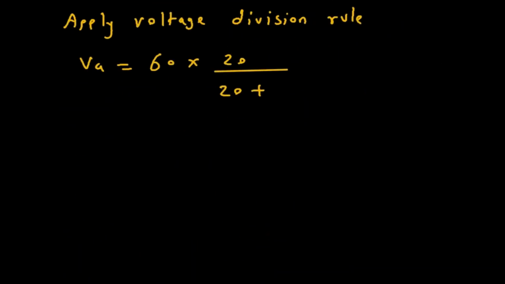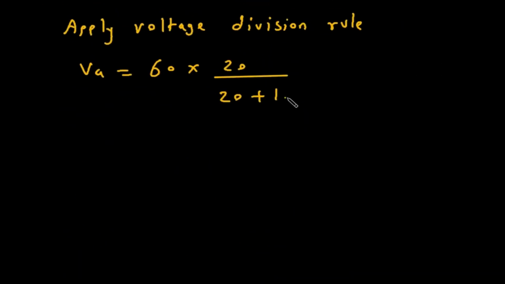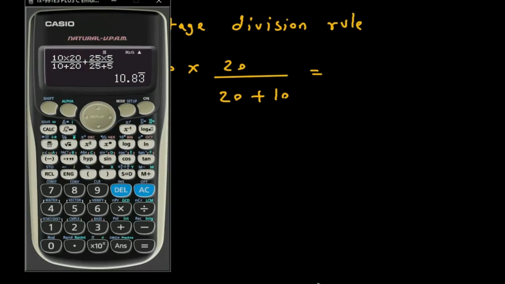So VA is equal to 60 into 20 divided by 20 plus 10.